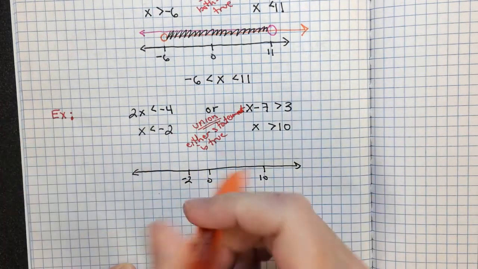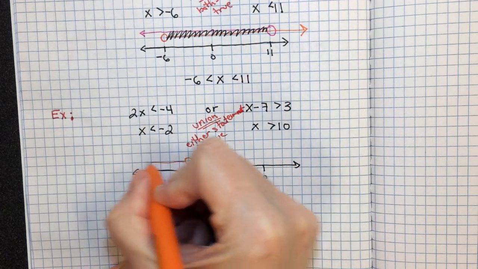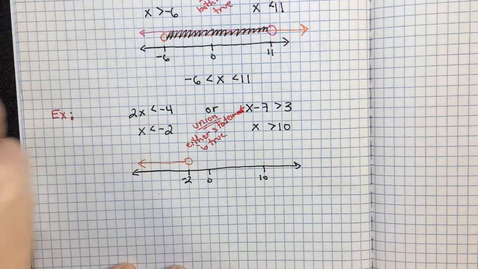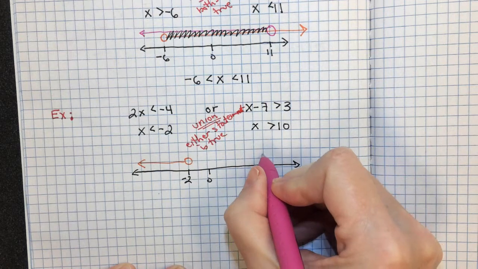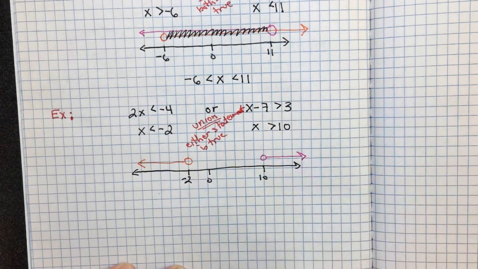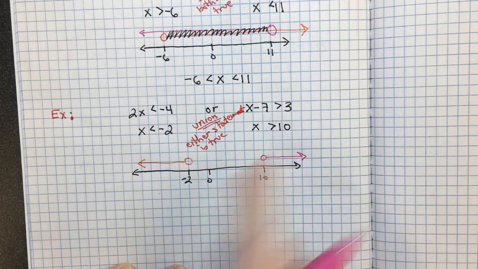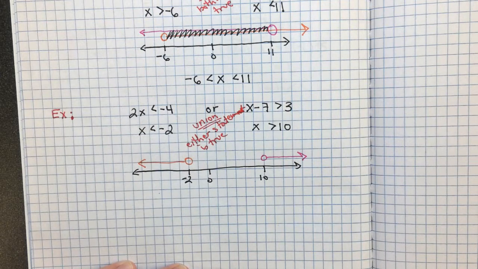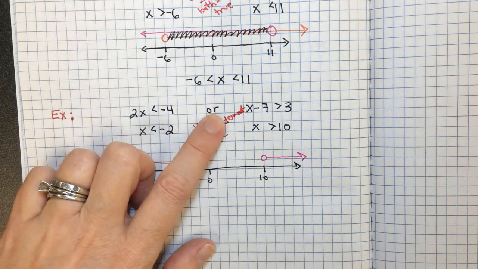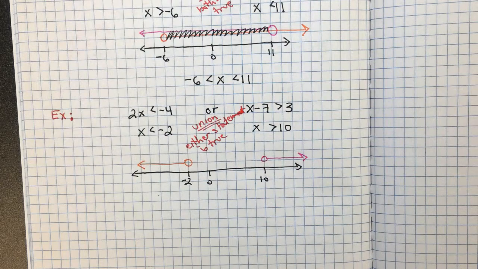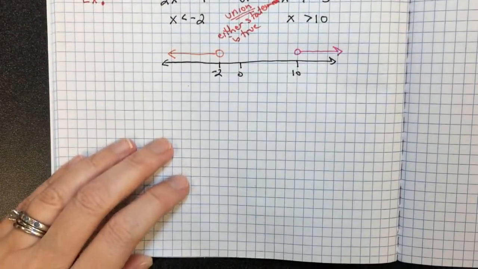Less than negative 2 goes this direction, and greater than 10 goes that direction. And that is both things graphed correctly, because I need it to match one of those two. That's what the or statement means.